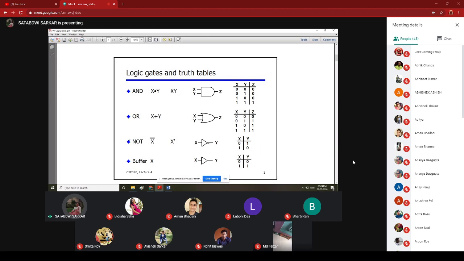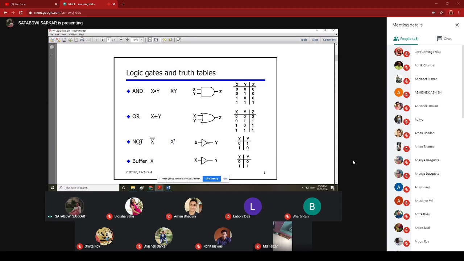But in the case of the NOT gate, we get the complemented output. So if the input is x, then the output y equals x bar, that is the complement of the input.